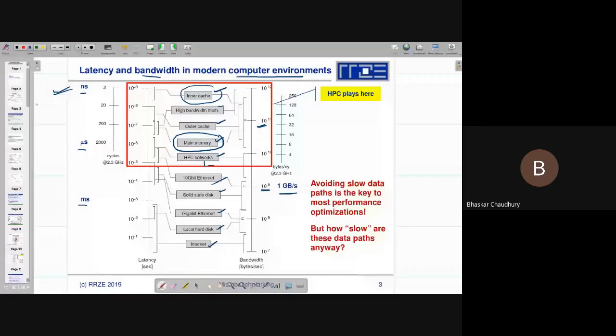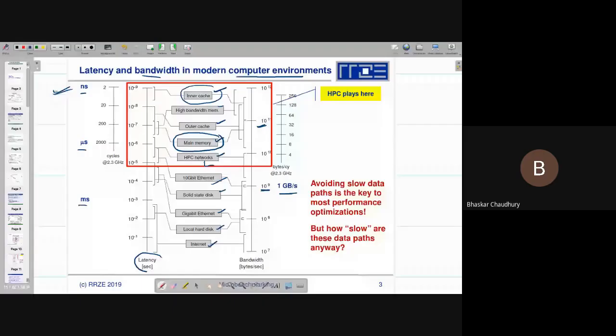And the networks also play an important role. If it is an HPC, high performance computing network, you can still get 10 gigabytes per second, but otherwise it is 1 gigabyte per second, the typical 10 gigabit Ethernet network. So this summarizes the overall memory picture, that we have to optimize on both sides.